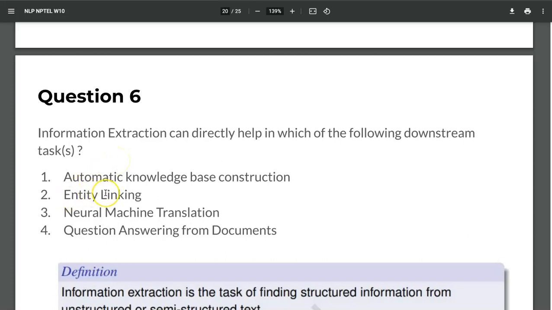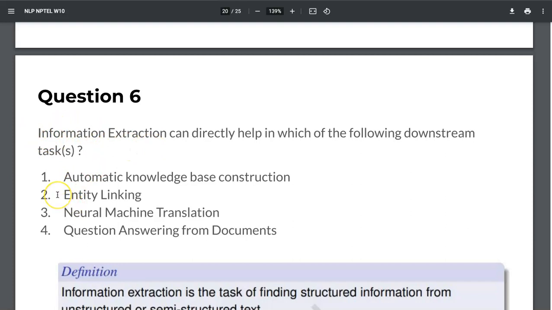Second thing, entity linking. Information extraction as such does not directly help in entity linking, because entity linking is a different process. Information extraction needs help from entity linking, but in the process of information extraction, it is not helping entity linking; rather, entity linking is needed for information extraction.